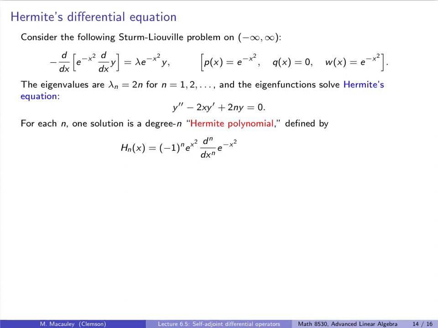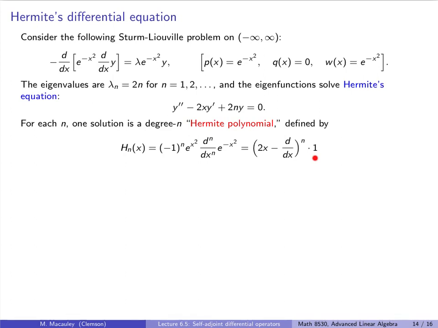And that is defined recursively as follows. H_n(x) is (-1)^n e to the x squared times the nth derivative of e to the minus x squared. And that, curiously, reduces down to the nth power of the differential operator 2x minus d/dx applied to the constant function 1. Yes, I find this surprising as well.